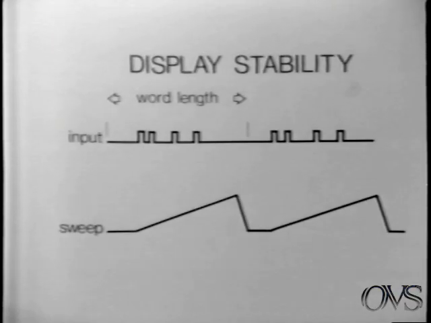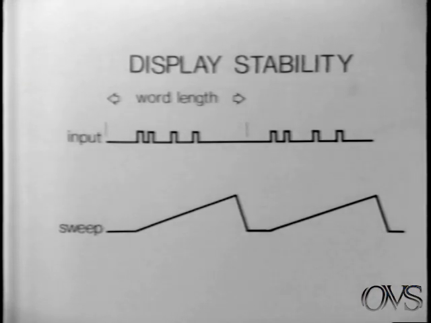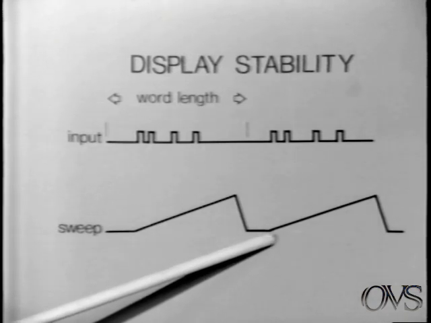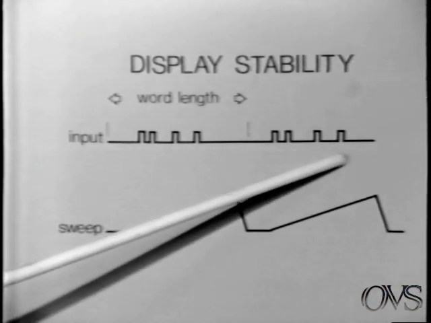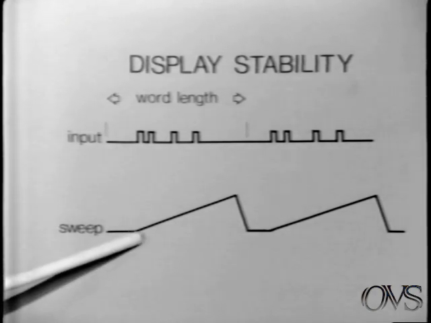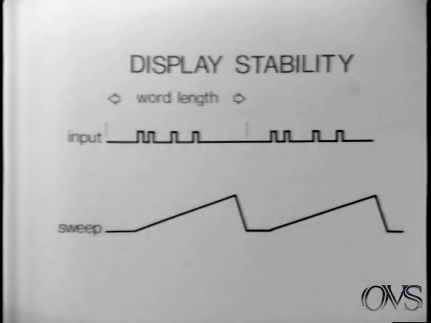For a stable display to occur on the CRT, the operation of the oscilloscope, that is, the period between one sweep and the next, must identically match the period of the repeatable portion of the waveform we're viewing. Let's take, for example, a single word length. If we were viewing this word, and we obtained one sweep per word, we obtain a stable display.